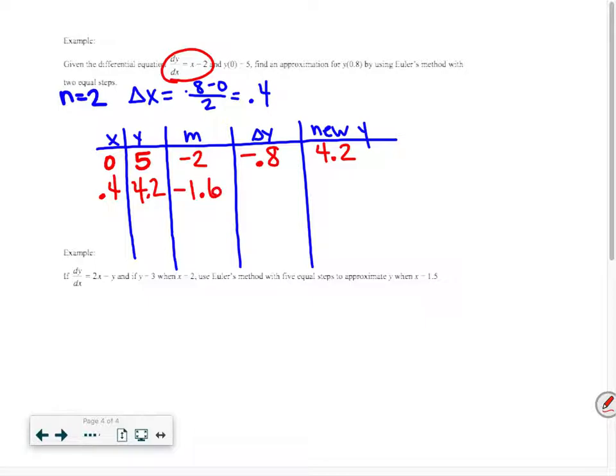Negative 1.6 times delta x would give us negative 0.64, which means our new y, we started at a y of 4.2 and our change in y is negative 0.64, so we're at 3.56.